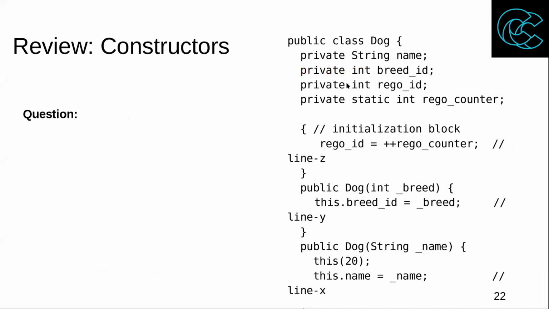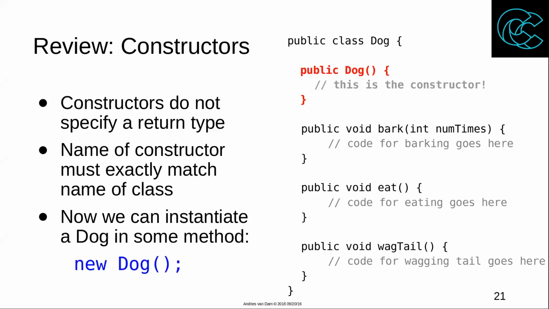Excuse me, sir. In this class Dog, if I have public static void main, and in that I declare an object of this class, and then use that object to call a private instance, will it be called? No, you cannot.